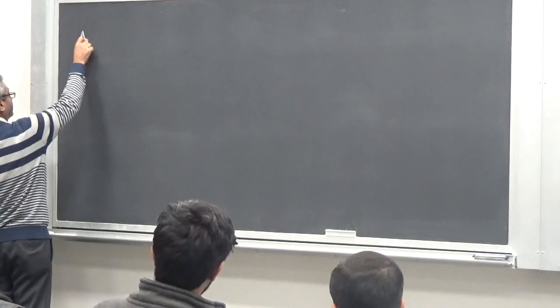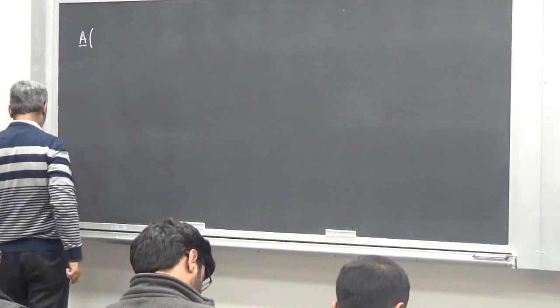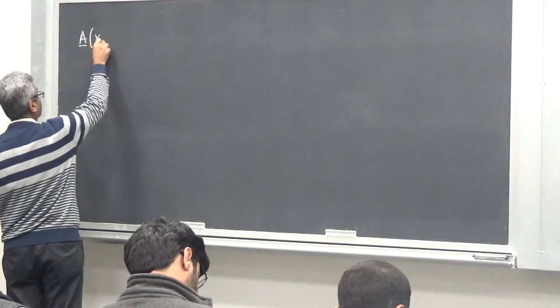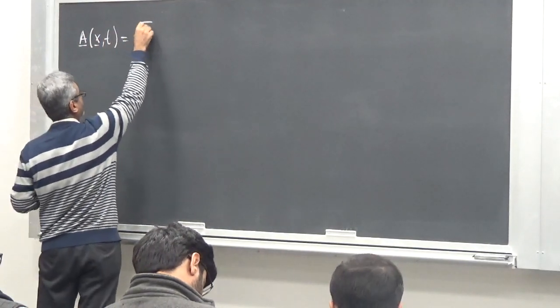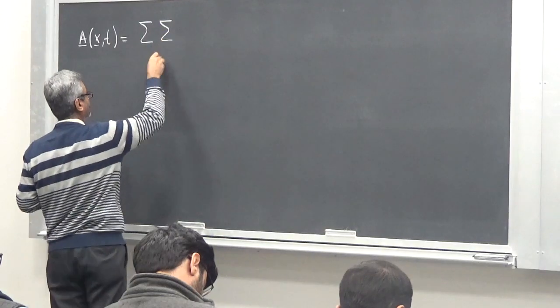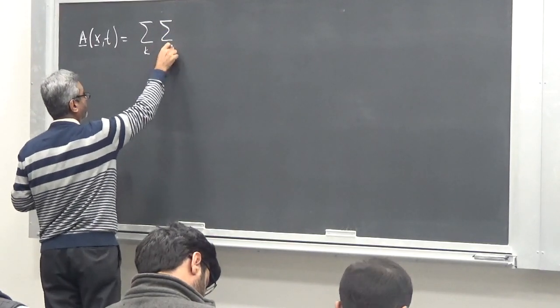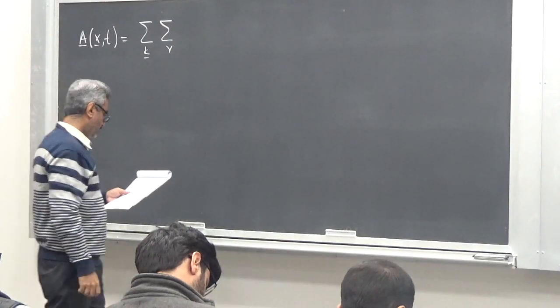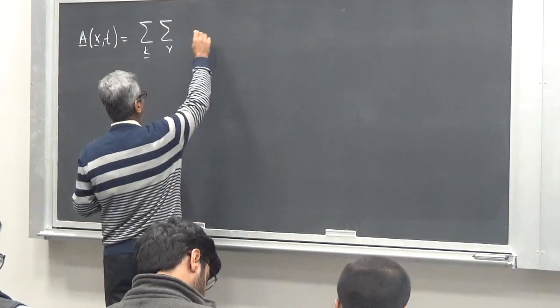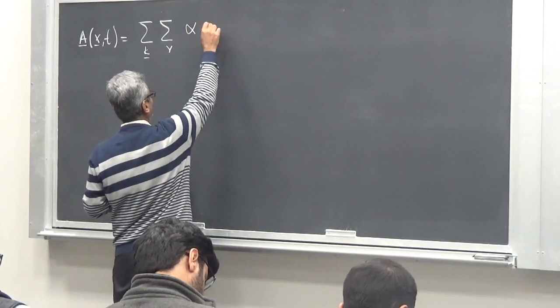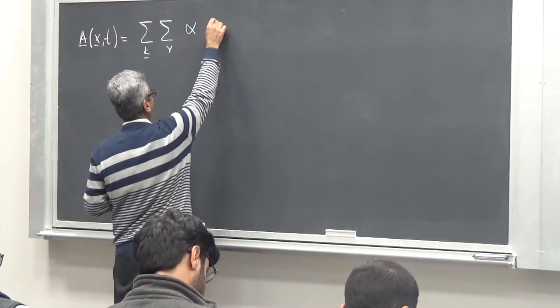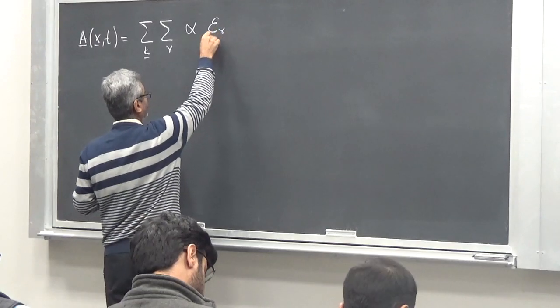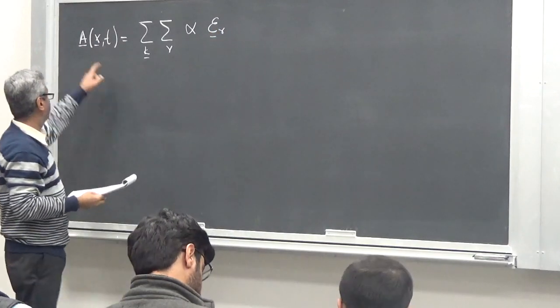And so the vector potential can be written as these two sums, over k and r, where r is polarization. These are all possible modes. And then there was this alpha and epsilon r, which is characteristic of this pair.